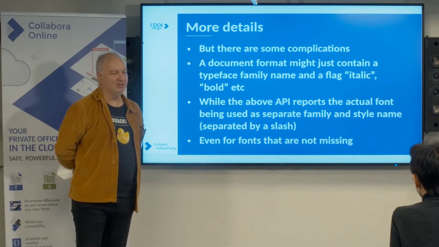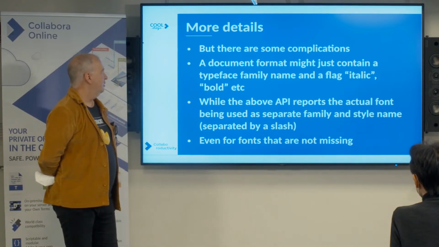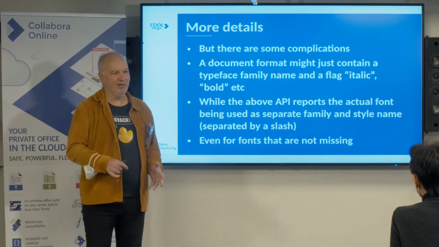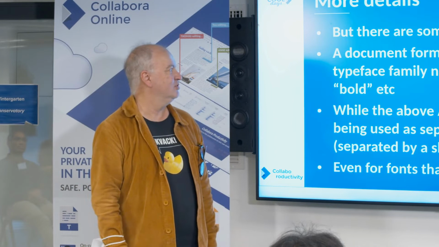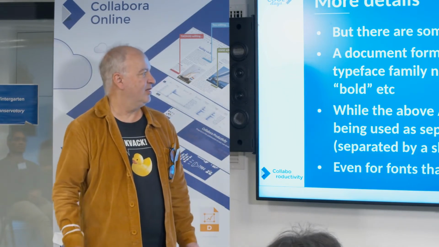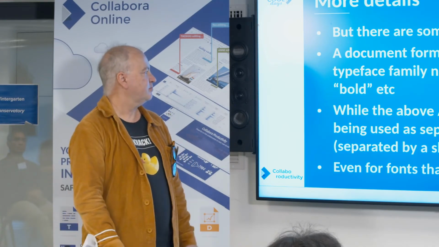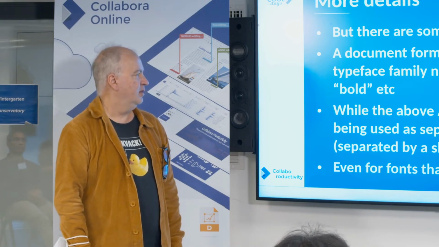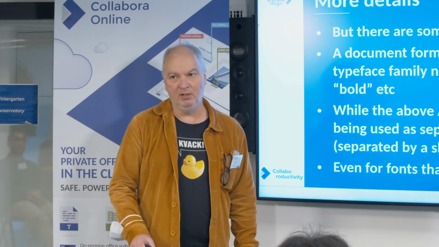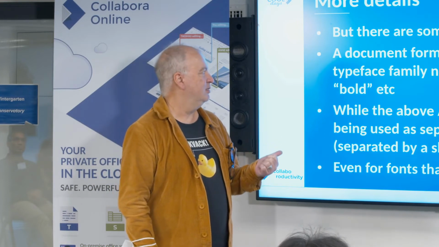The document formats, at least ODP and I think also XML, they don't refer to fonts as actual font file names that exist as separate files, but they use a more generic typeface name, family name, and then a flag that it should be this typeface in italic or in bold and italic, etc. And this API I mentioned, when it tells which fonts have been substituted by another font, it records it that way.